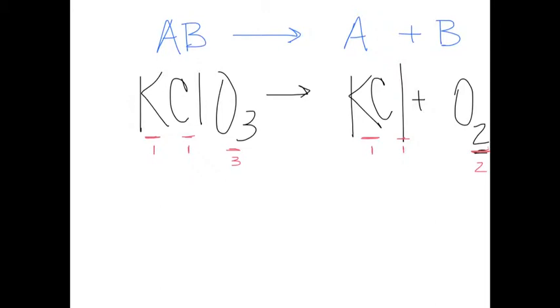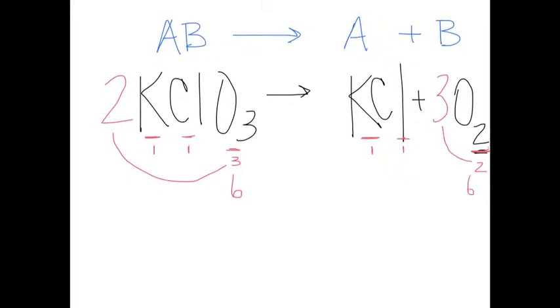So in order to balance the oxygens out, you're going to have to take the potassium chlorate and put a 2 in front of it so that 2 times 3 equals 6. And you're going to put a 3 in front of the oxygen, so 3 times 2 equals 6.